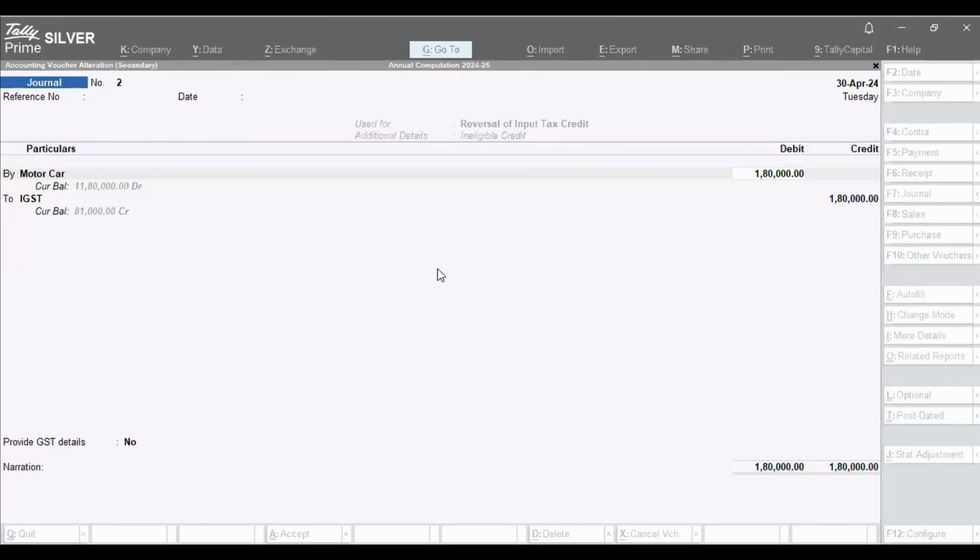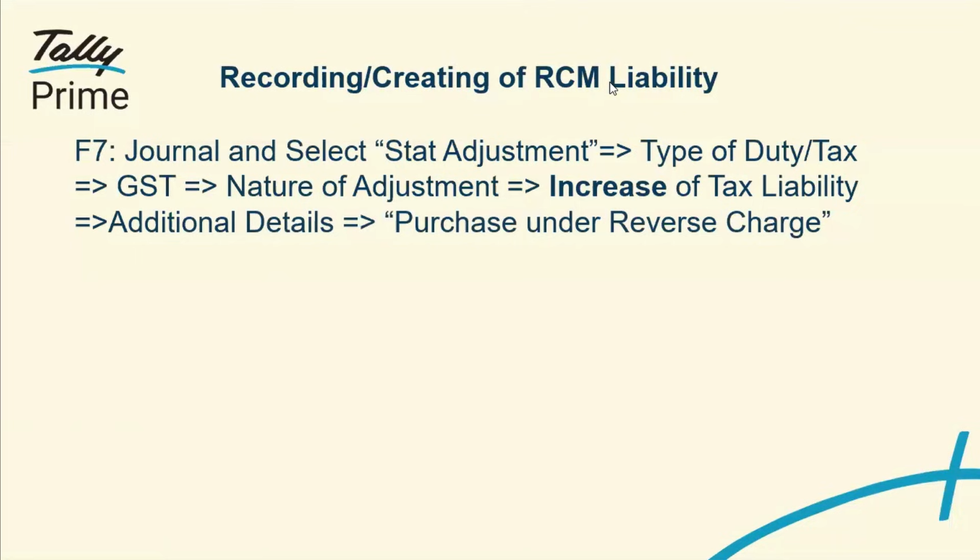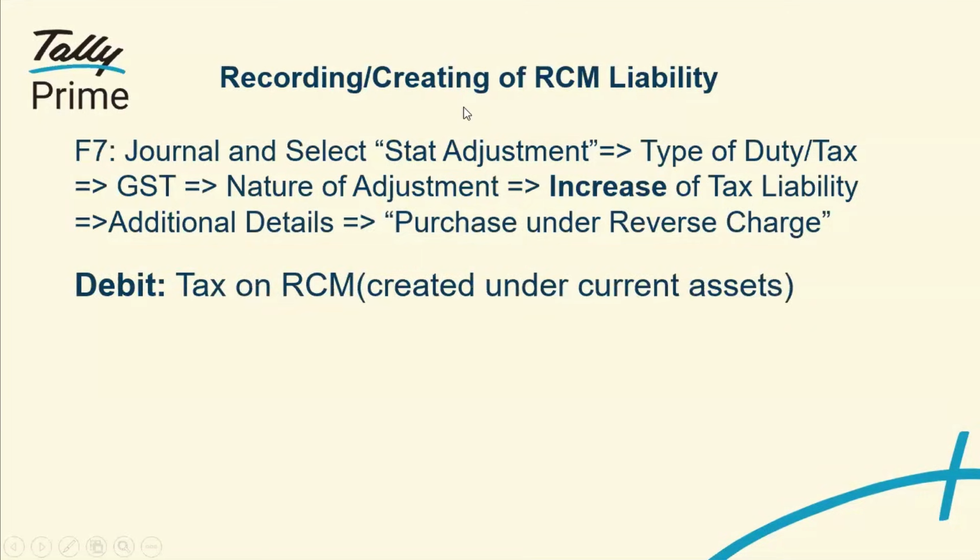Thanks for asking things. Then, as far as the RCM liability is concerned, reverse charge liability, there are two steps. One is creating the liability, first thing, because it is self-created liability. And we are taking the input credit again. So there are two sides of RCM. For creating liability, same F7 journal, adjustment, nature of adjustment, their liability is getting created.